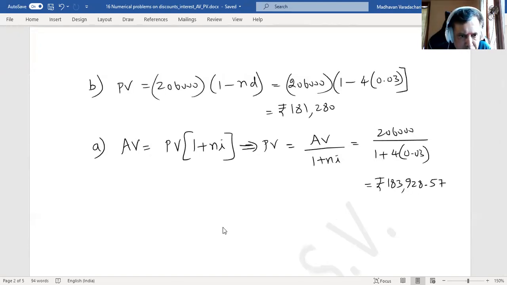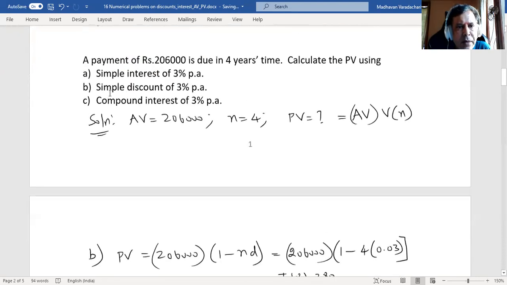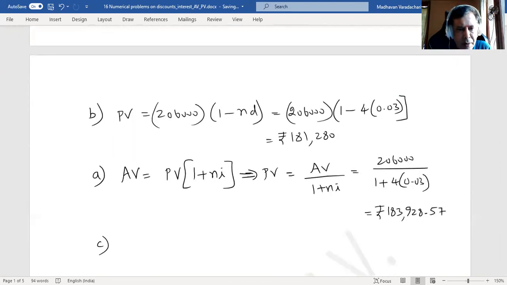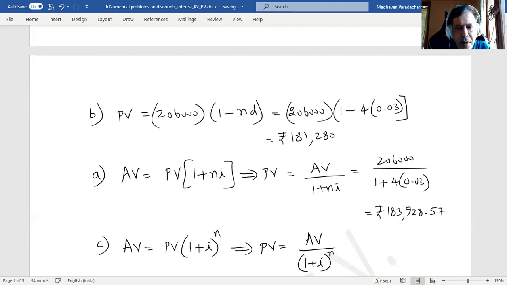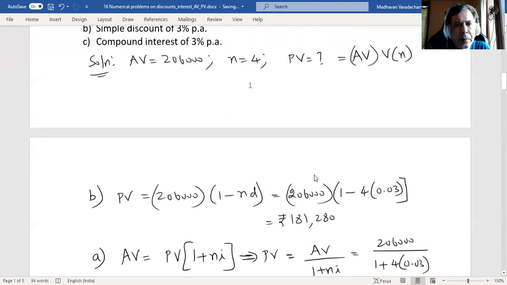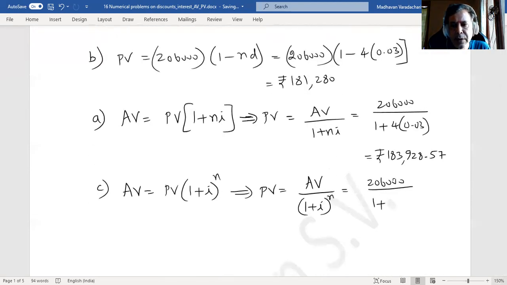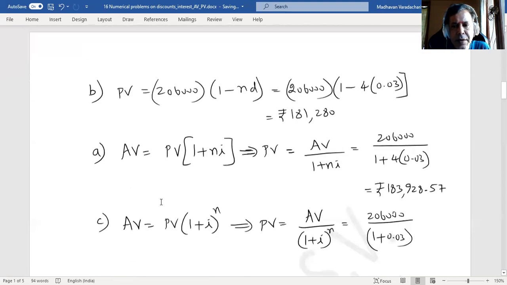Now let us move on to the third part of the question. It is on compound interest. Accumulated value is present value times 1 plus i to the power of n, which means present value is accumulated value divided by 1 plus i to the power of n. So it is 206,000 divided by 1 plus 0.03 to the power of how many years? 4 years.